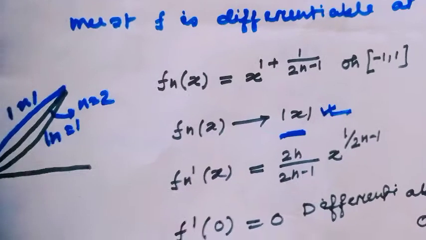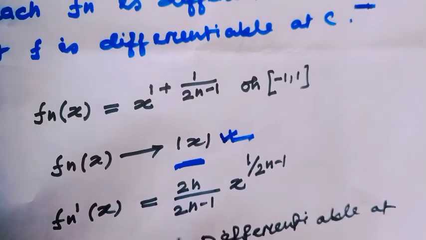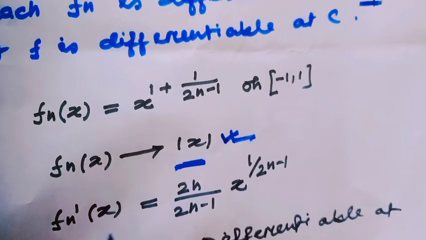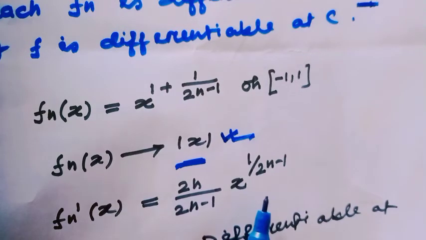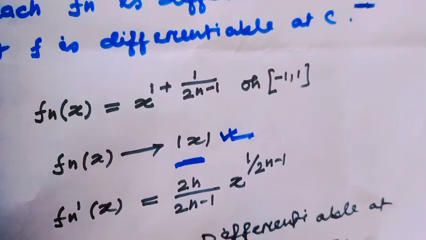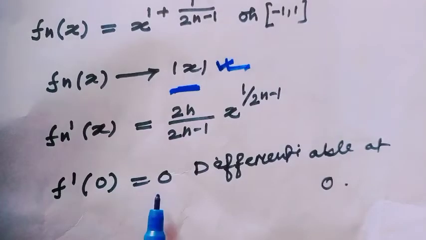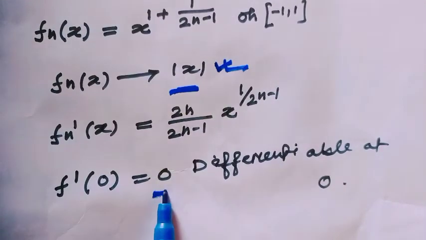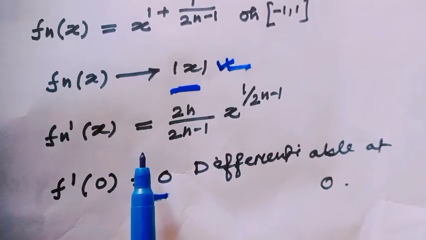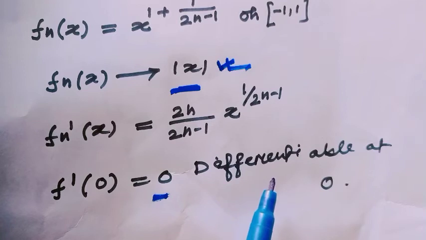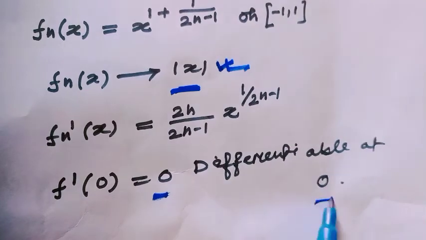And notice one interesting thing here. Fn dash x equals 2n over 2n minus 1 times x to the power 1 over 2n minus 1. Here f prime of 0 equals 0. That means Fn is differentiable at the point 0.